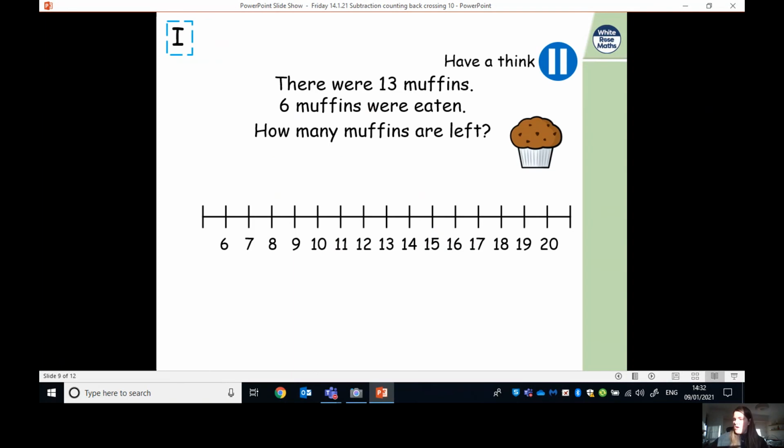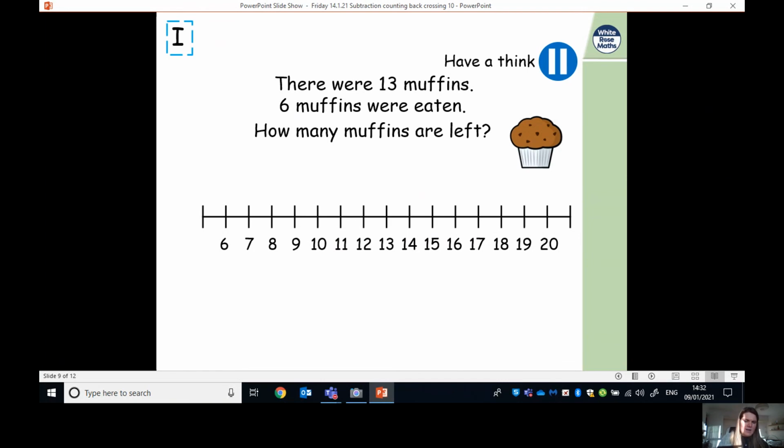Brilliant work. Okay, bit of a puzzle for you then. We can use our number line and subtraction to figure out word problems. So here's my word problem. There were 13 muffins. 6 muffins were eaten.